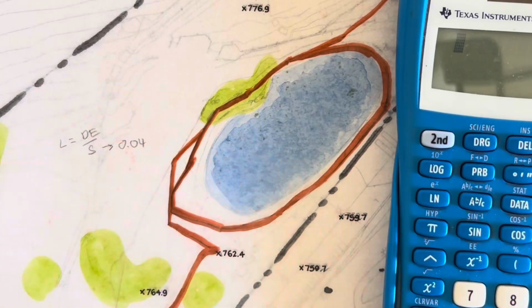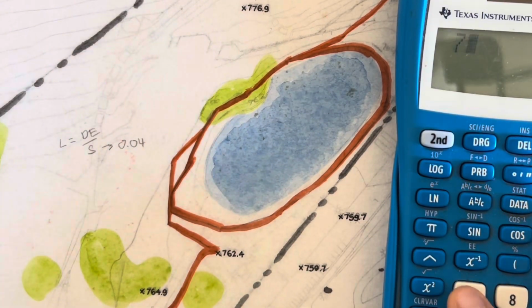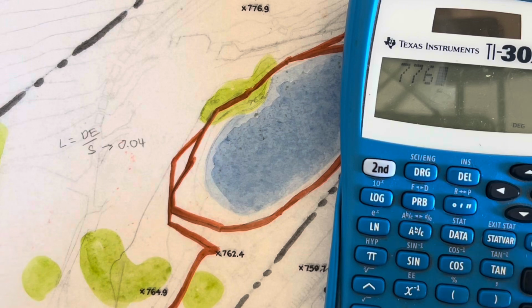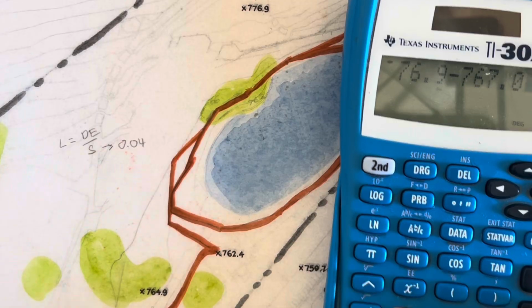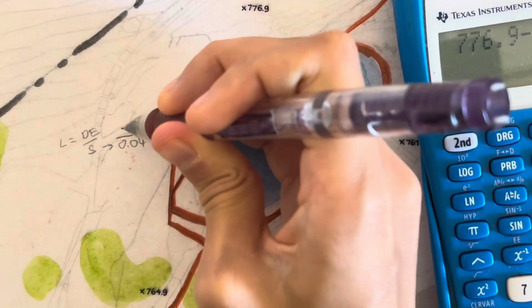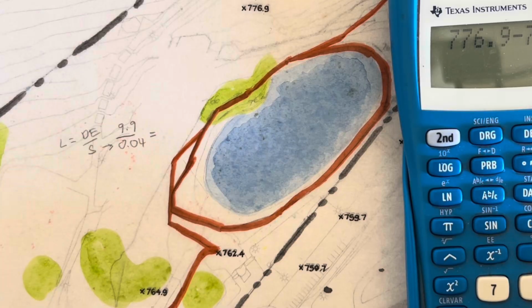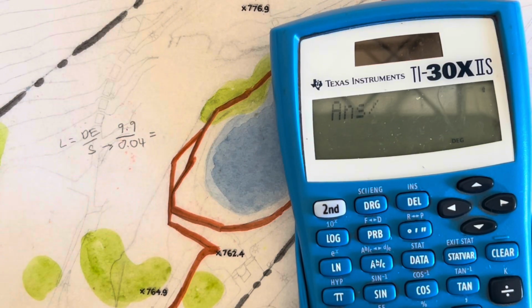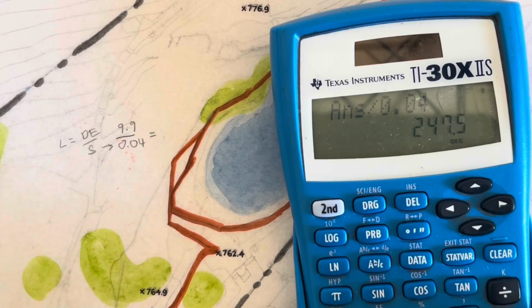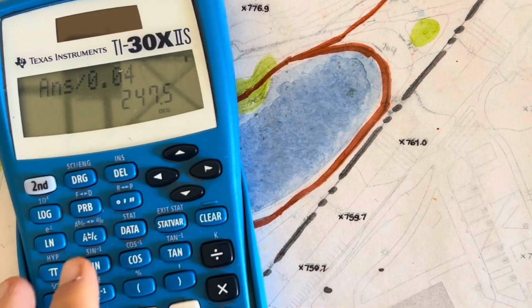So this time we subtract. Since this is the high point and this is the low point, we subtract 776.9 minus 767.0, so it's 9.9. Then we solve: 9.9 divided by 0.04. So from here to here, we need to go 247.5 feet.